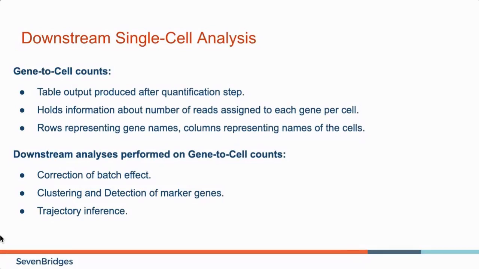And these tables hold information about the number of reads or UMIs that are assigned to each gene and each cell, with rows of the table representing names of genes, while columns represent different cells. We'll give a brief overview of some downstream analyses that could be performed on gene-to-cell counts.